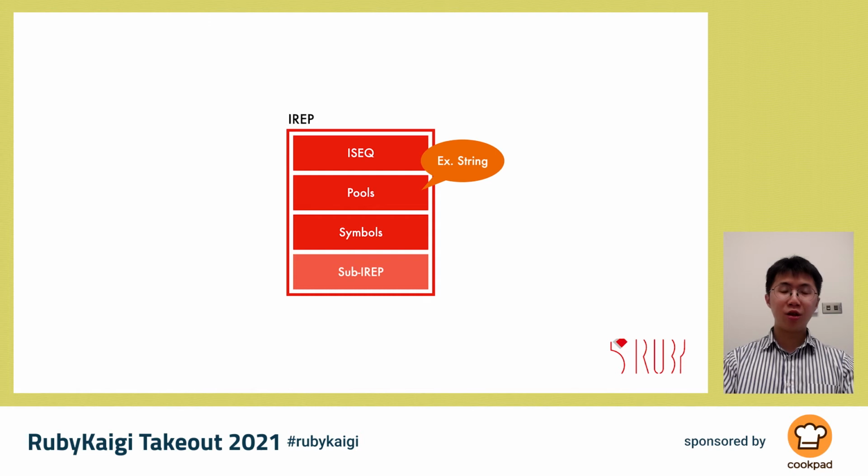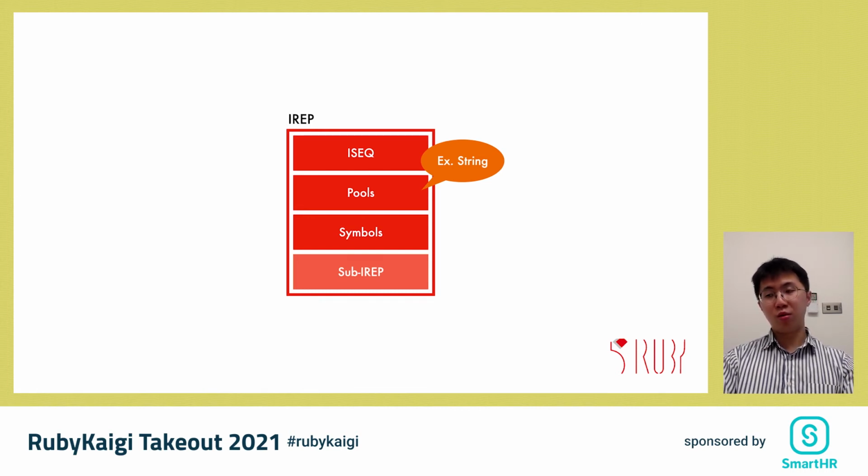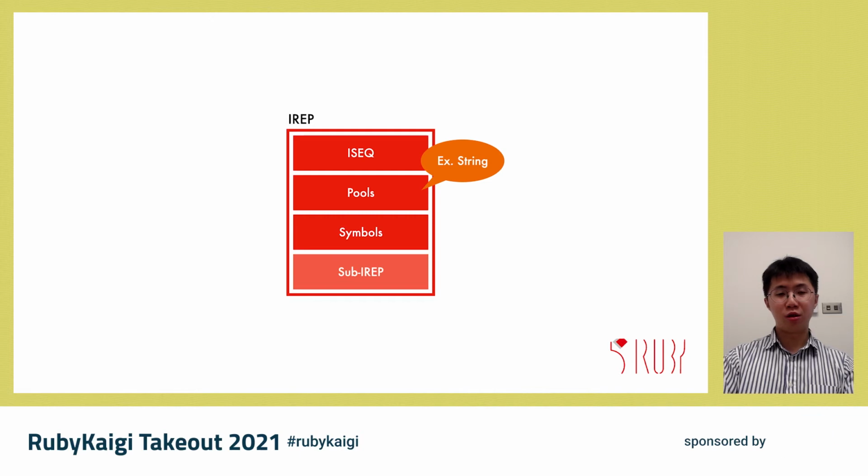Then the next section is how to read the data in our IR, because we already have some OP code, but we may save some strings or symbols inside it, or we have some variable or some method inside our Ruby code. So we have to read it and use it in our loop.